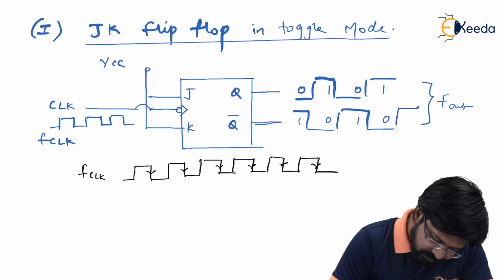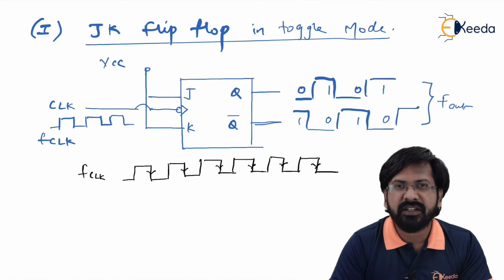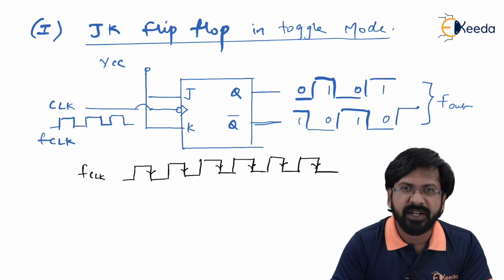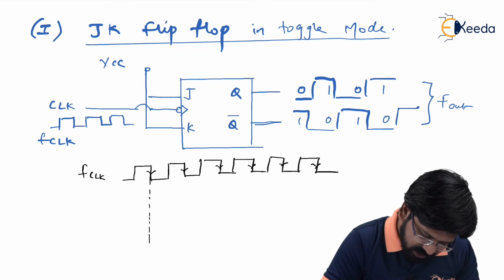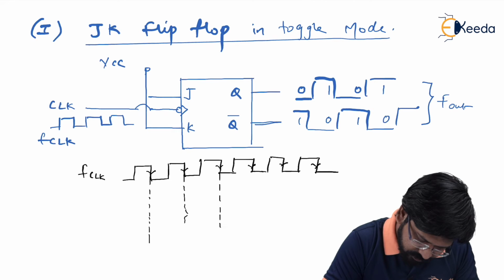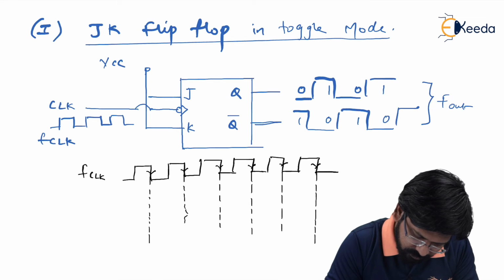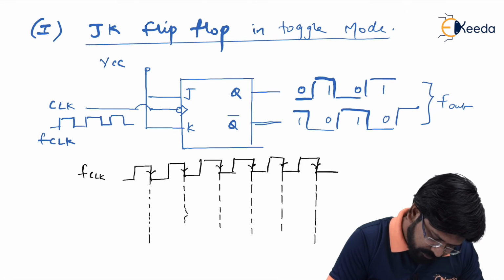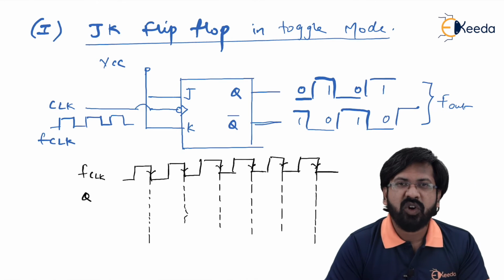Now for every clock cycle, the time period is nothing but T. What is meant by time period? It consists of T on and T off together, right? So all those negative edges I am taking out for reference. Now I am going to draw output Q, knowing the fact that the output is going to toggle.